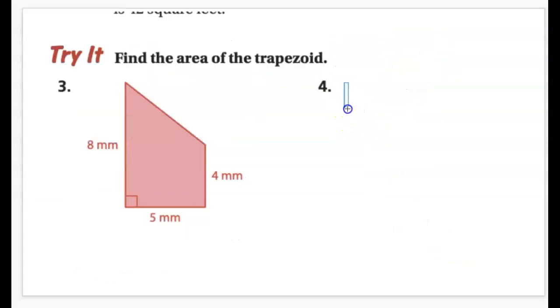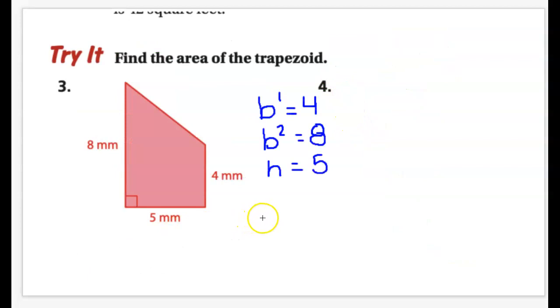With this trapezoid here, I've started by identifying the two bases. 4 and 8 are the two bases, and they are two parallel lines. The height is 5, and I identified that by looking for the right angle symbol. Let's start with adding together the two bases and doing base 1 plus base 2 divided by 2 and multiplied by the height.